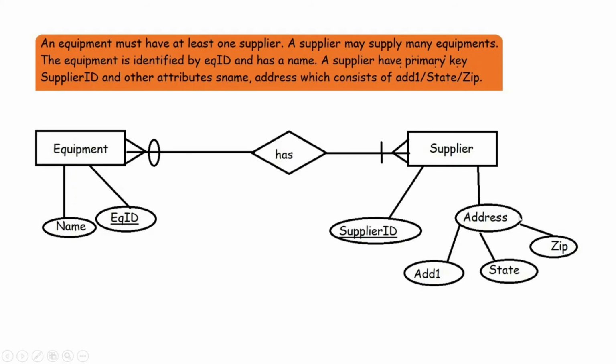We say address, which is represented by add1, state, zip in my table. This is a representation of a composite attribute. It means that these 3 together represent the address of that supplier.